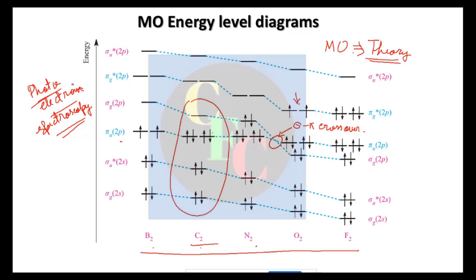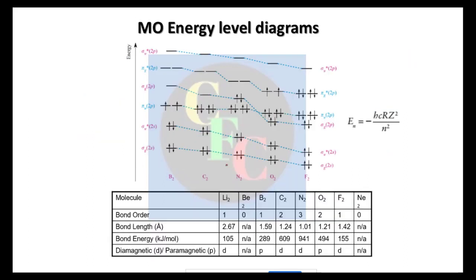So combining all these things, we have this kind of a table from which you can easily calculate the bond orders, whether it is beryllium or boron, and whether it is diamagnetic or paramagnetic in nature. So these kind of questions can easily arise, like whether the boron 2 molecule is paramagnetic or diamagnetic.